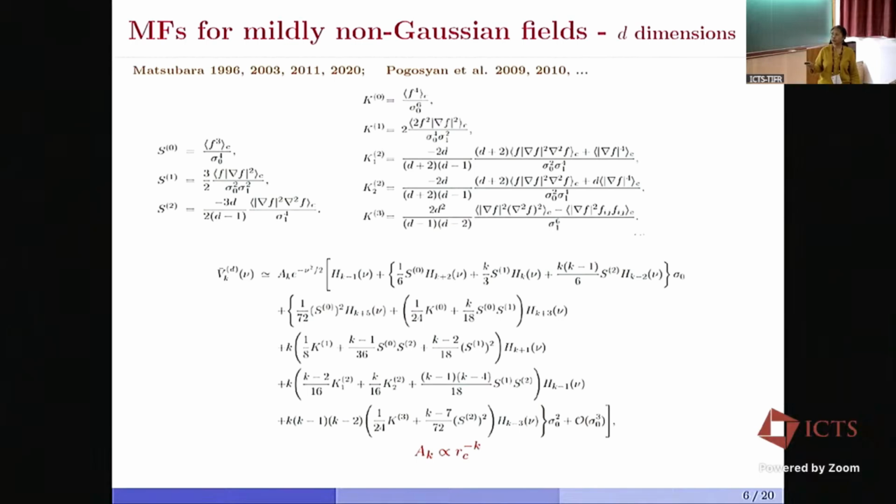The cosmology dependence is here, AK. And AK basically depends on an intrinsic scale in your field, which is sigma 0 by sigma 1. Sigma 0 is the standard deviation of the field. Sigma 1 is the standard deviation of the first derivative of the field. And that basically controls the amplitude.